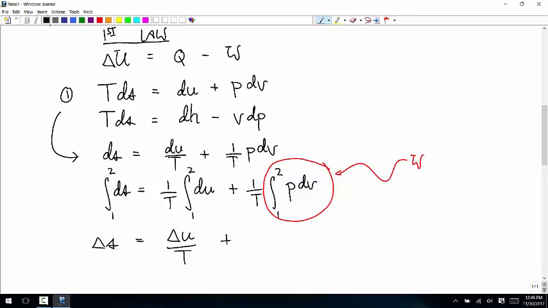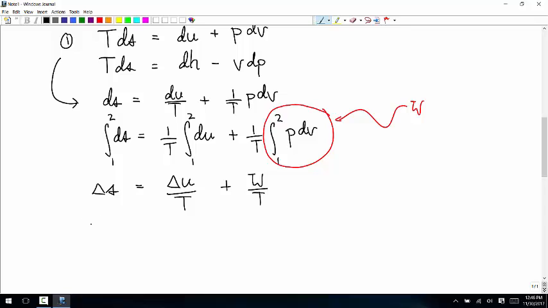That's W. So this is W over T. And the table gives you, you can use that for the change in entropy. Just look up, that's just going to be specific entropy 2 minus specific entropy 1. You can look up the specific internal energy change.